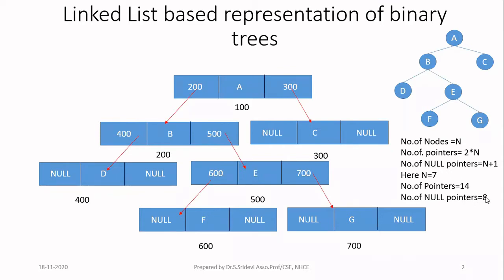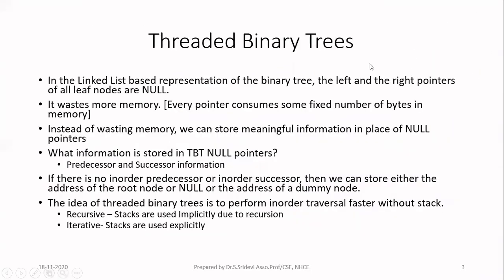What is the meaning of a null pointer? What does it indicate? Actually, we use pointers to store the address of the child nodes. But a null pointer indicates that you are not storing the address of any child node. That means some memory is allocated for the null pointer, but you are not utilizing the memory. Right? So in this linked list representation of a binary tree, we have the disadvantage that the left and the right pointers of the leaf nodes are null.